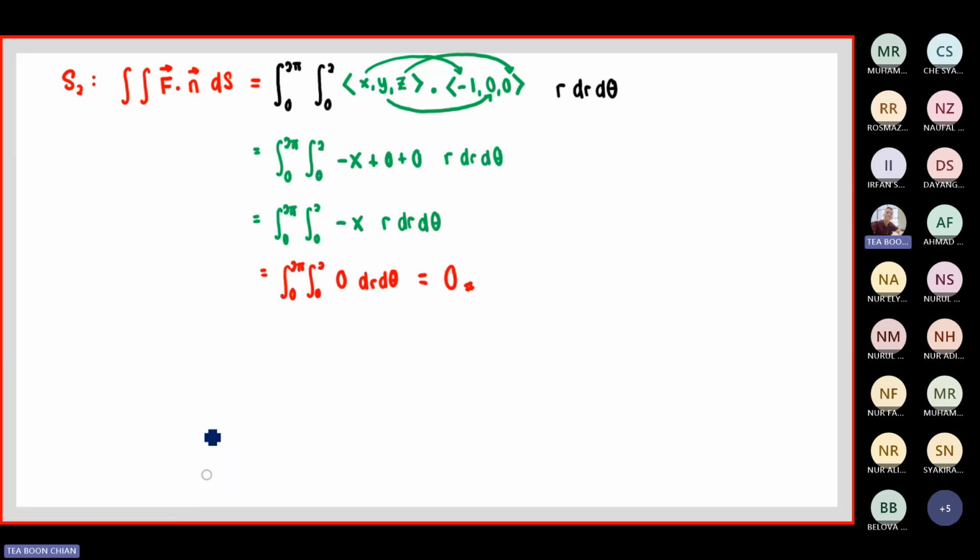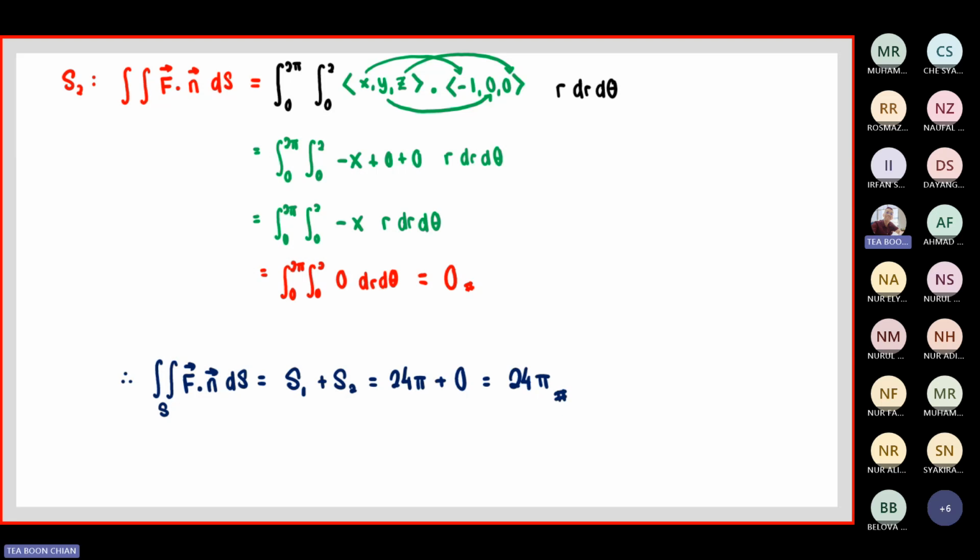And finally, we say that the total net surface integral, that is the double integral over S of f dot normal vector n dS, is simply the first surface plus the second surface. The first surface we computed 24 pi. The second surface 0, therefore the net will be 24 pi.